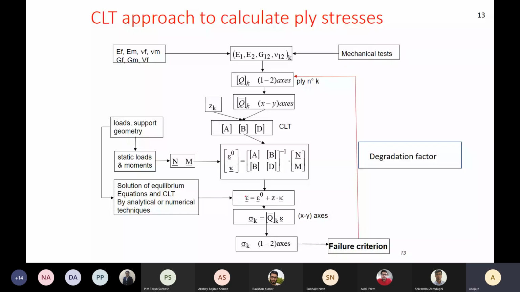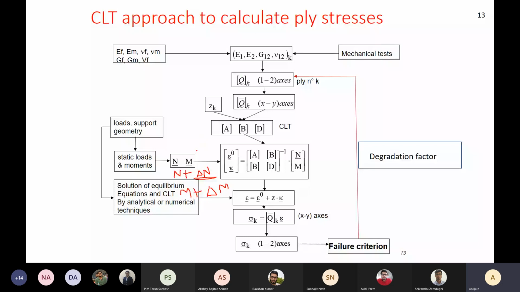So the strain is epsilon plus epsilon zk. I will not do it like this. So N, M is now actually going to be N plus delta N, M plus delta M. In every iteration, I am going to only increase delta N and delta M. So we will run this entire curve for some value of N, check for the failure criteria, and update the stiffness based on what damage has taken place.